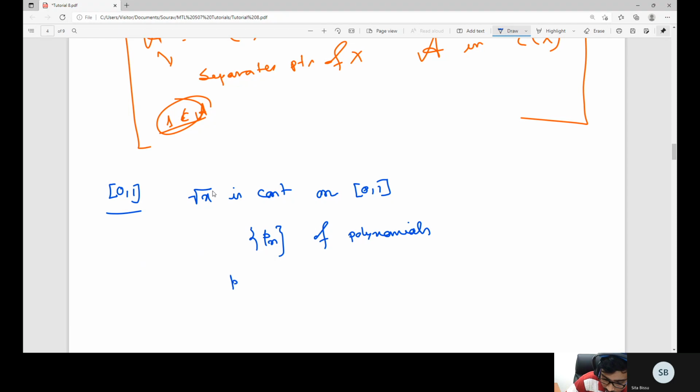Where your P1(x) is 0 and P(n+1)(x) is given by what?